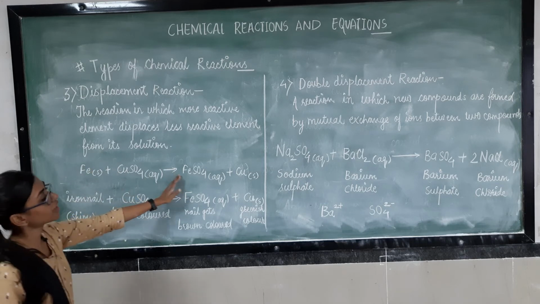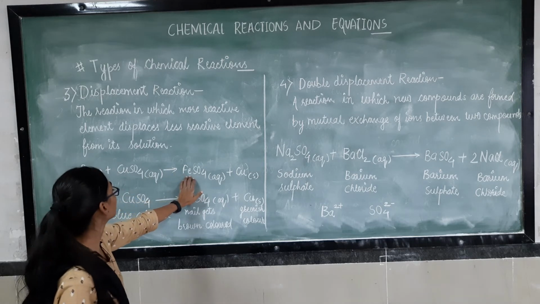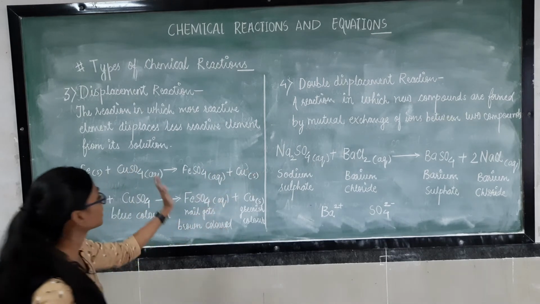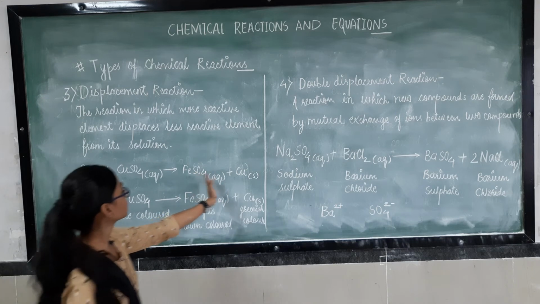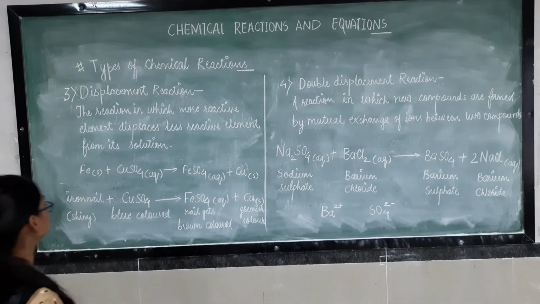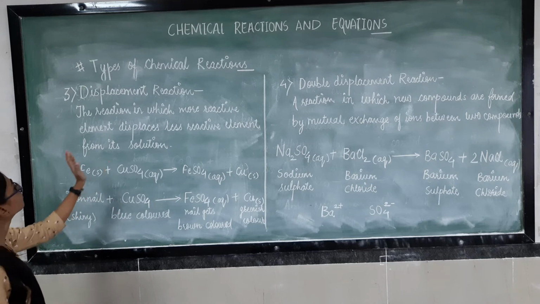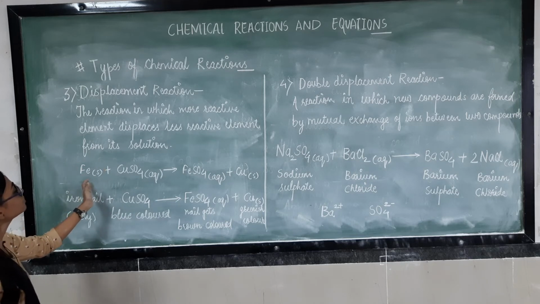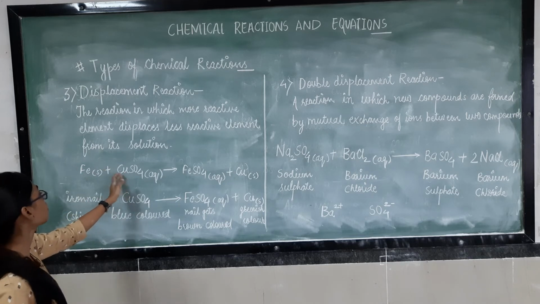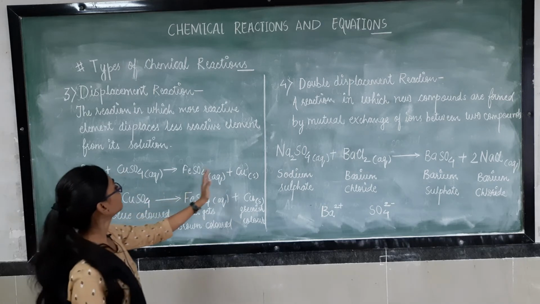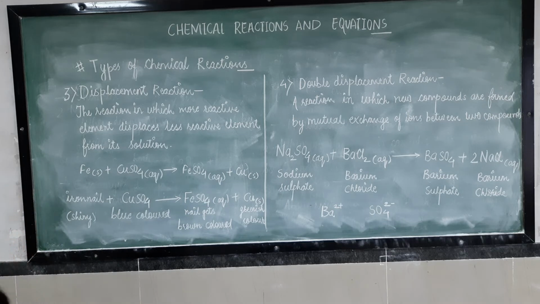So in the product, what does it form? Iron sulfate plus copper is left on this side. So we see that iron is more reactive, that's why it displaces copper from copper sulfate solution and forms iron sulfate and copper.